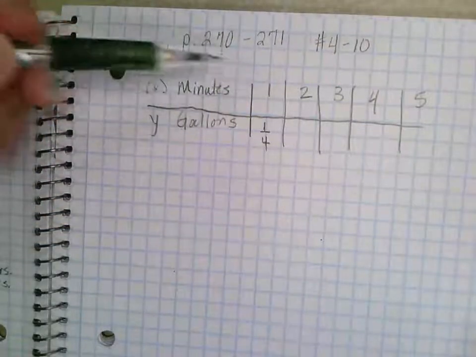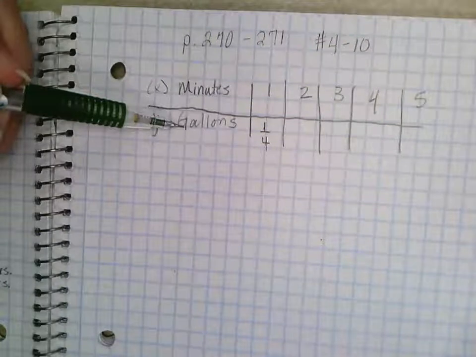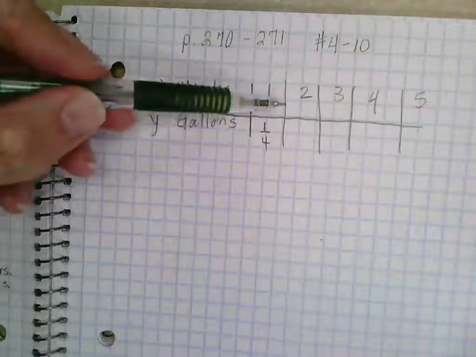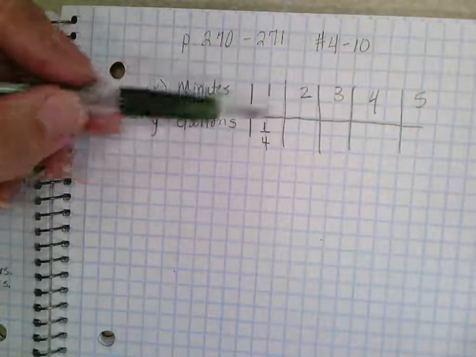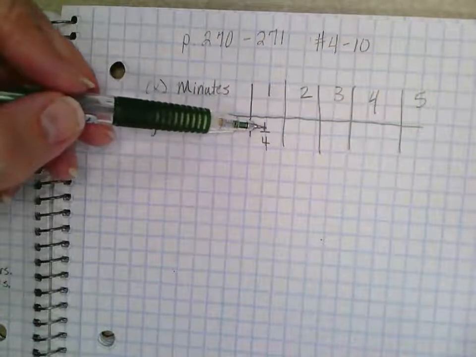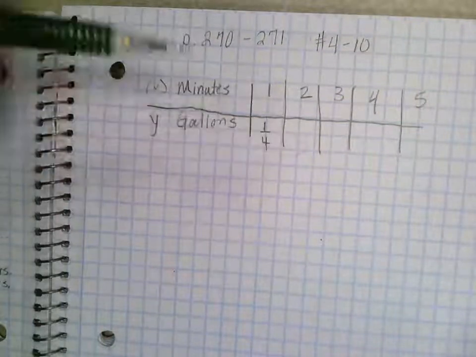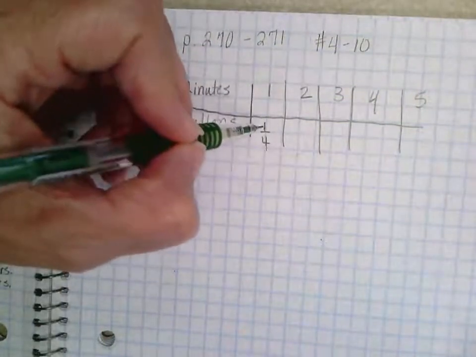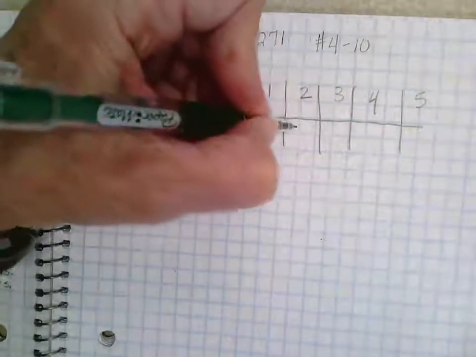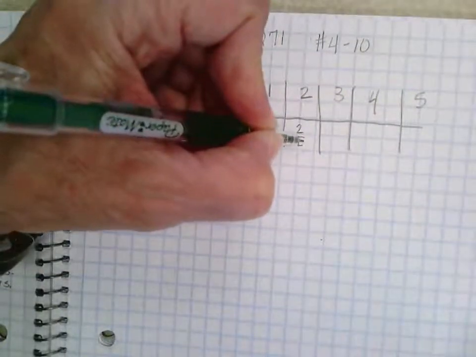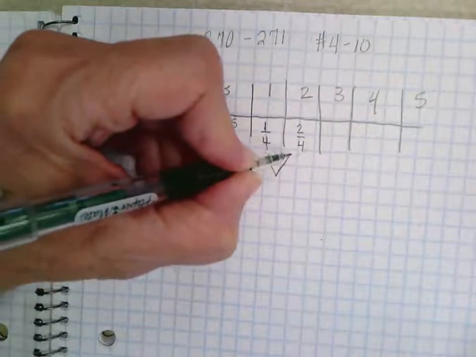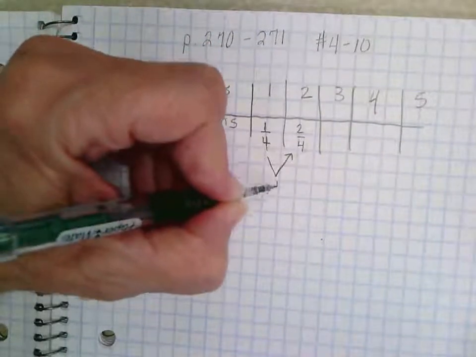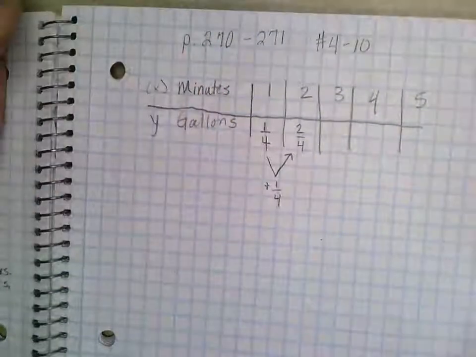So here's my 1 minute. Here are my gallons. After 2 minutes, I would lose twice as much. So when I multiply 1/4 times 2, I get 2/4. Or you can also see that I am just simply adding 1/4.